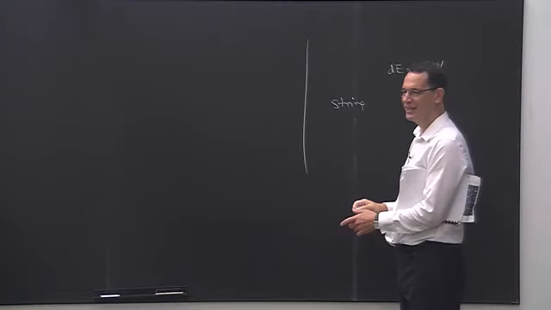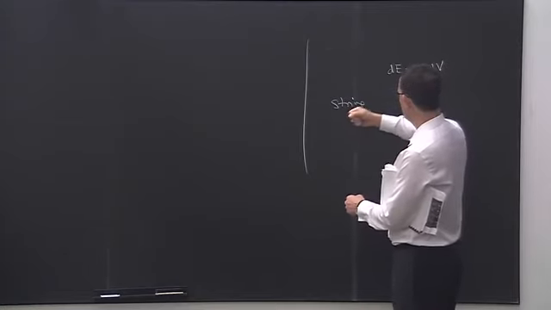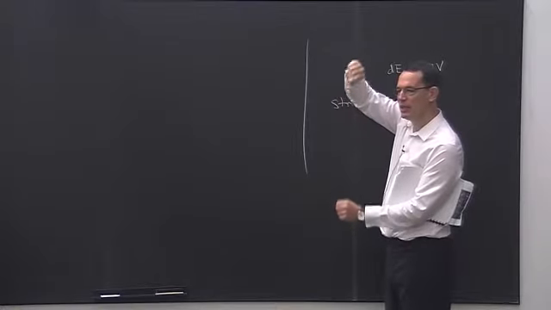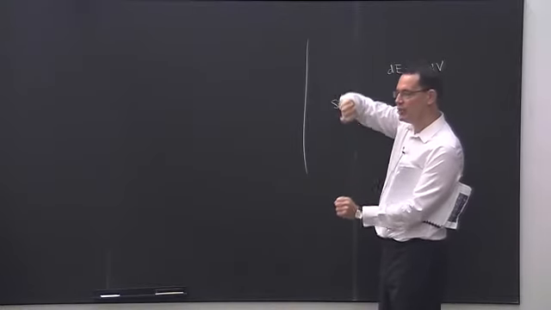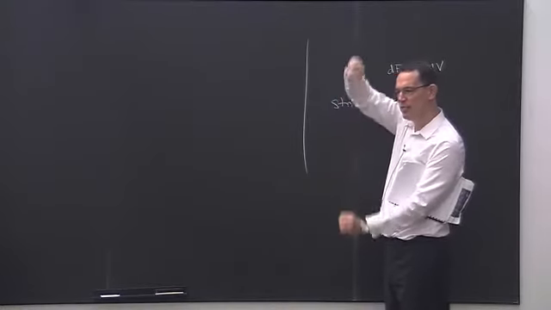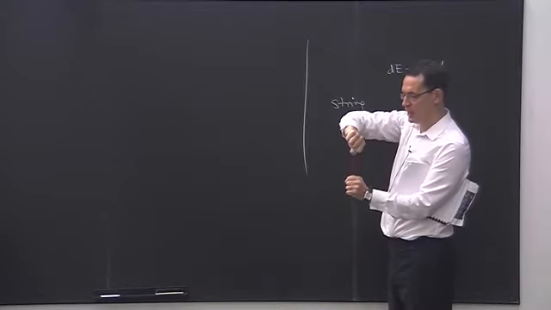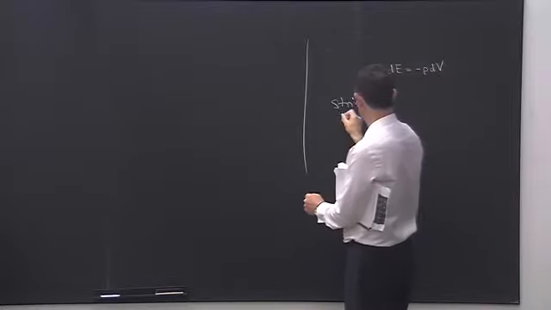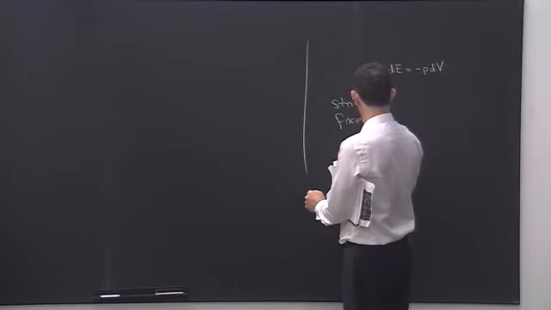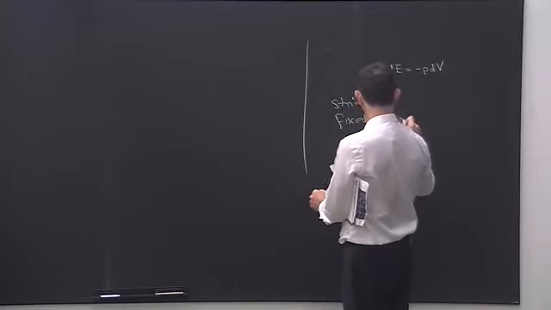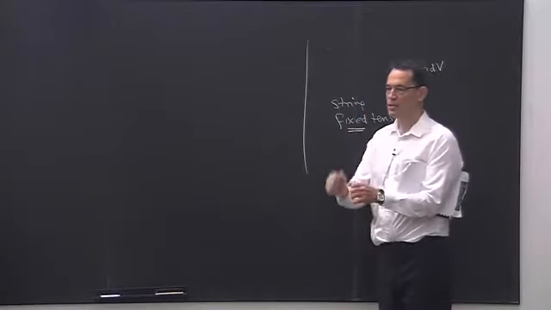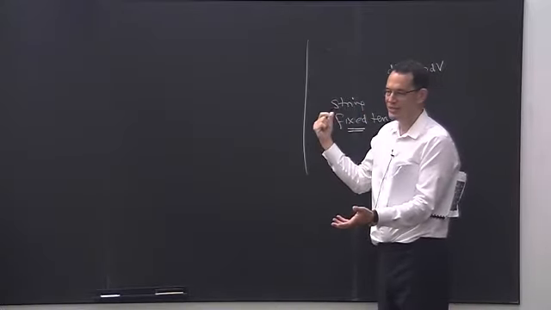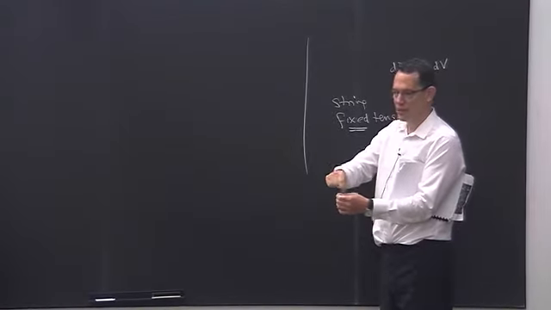In the case of a string, it's particularly easy. Imagine I've got a perfect string so that when I pull it some length it has fixed tension. So that's what a superstring is. It's an object with fixed tension.